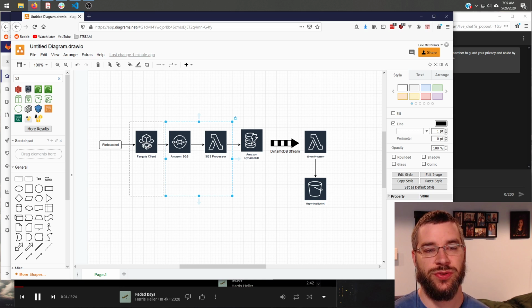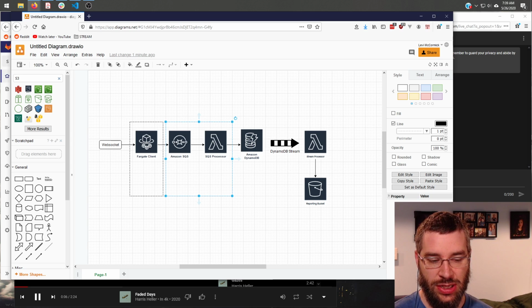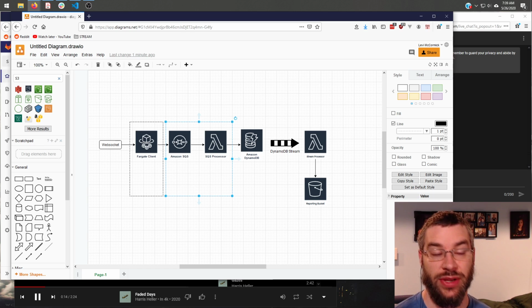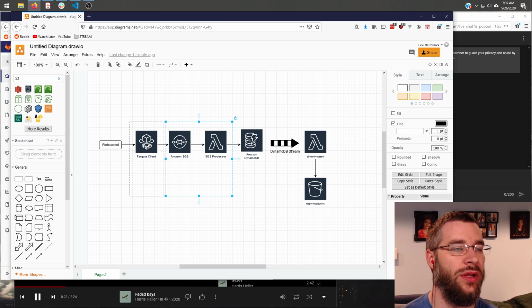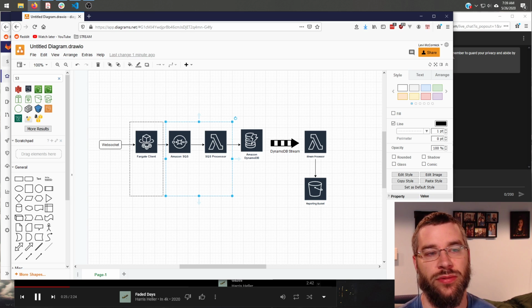The trigger will read those messages and then invoke the Lambda with those messages as the event payload. So the actual Lambda function doesn't have a dependency on the queue, but the trigger that invokes that Lambda will have that dependency.